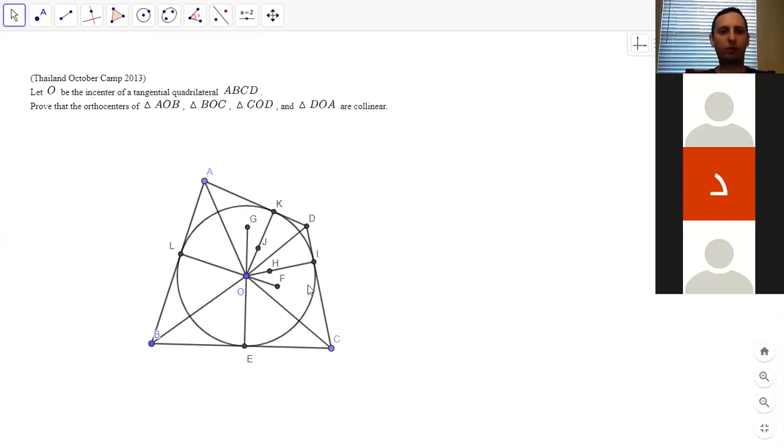So maybe it's worth drawing the circumcircle of BOC and letting GE hit it at a point, and then G would be the reflection of that point over BC.